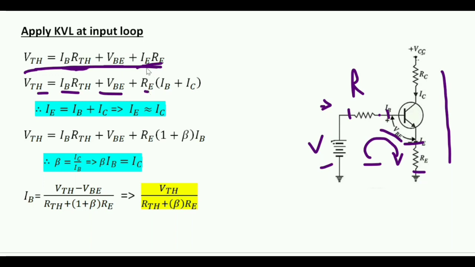This is same, and VBE, this is also same, and we know that IE, that is the emitter current, is equal to sum of collector current plus base current. These two things are flowing to the emitter. So here IE is replaced with IB plus IC.